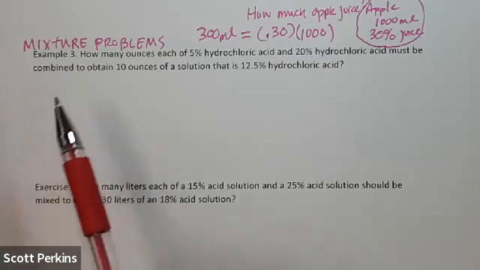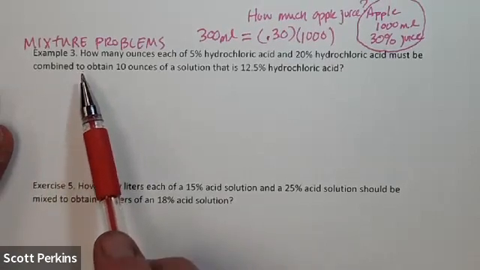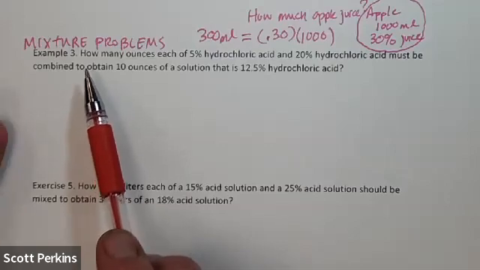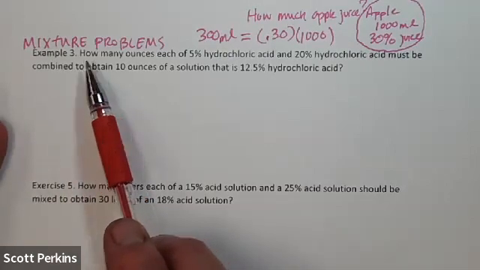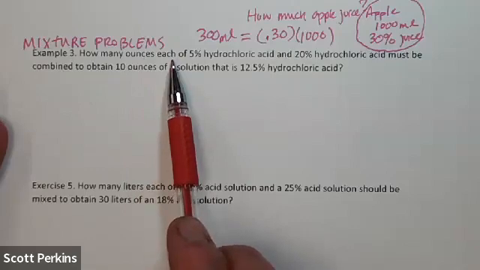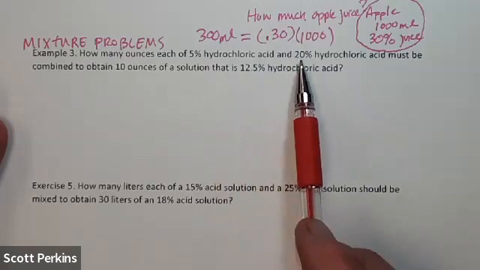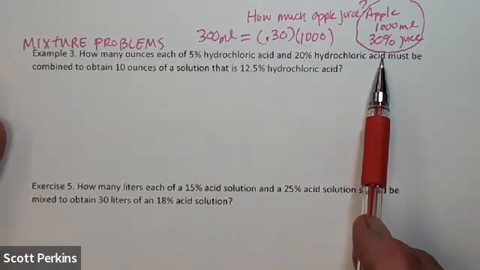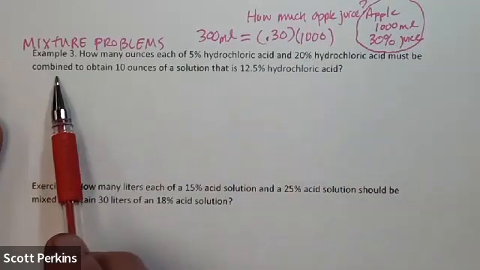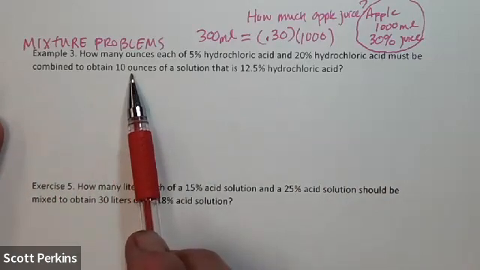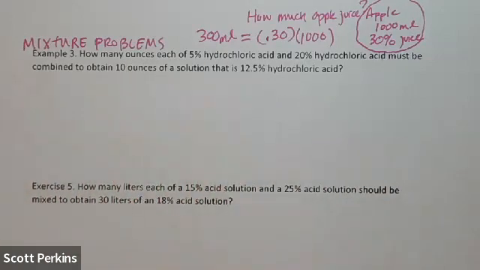So here goes. Example 3 says this. You're in chem lab. You're a mad scientist, and you need to know how many ounces each of a 5% hydrochloric acid and a 20% hydrochloric acid must be combined to obtain 10 ounces of a solution that's 12.5% acid.